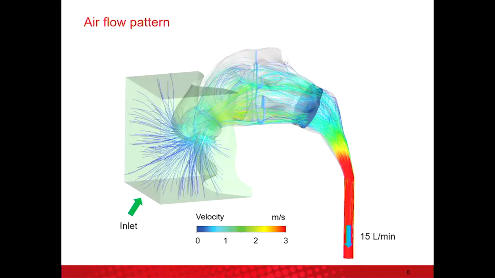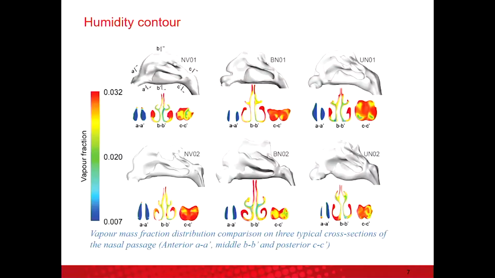In this case, we use Fluent, and all of these equations are applied. Here are some examples of the CFD simulation results. The first one is the streamline, which indicates the airflow pattern. As shown in this graph, the air is inhaled from the breathing zone all the way through the nasal cavity region to the pharynx and lower respiratory tract.